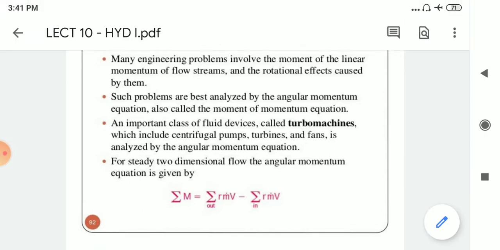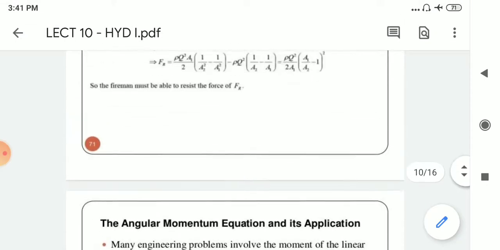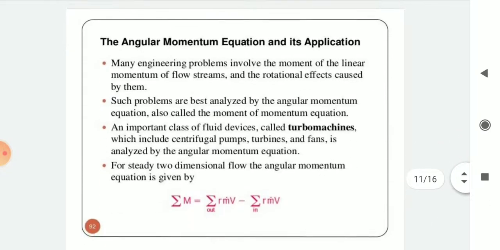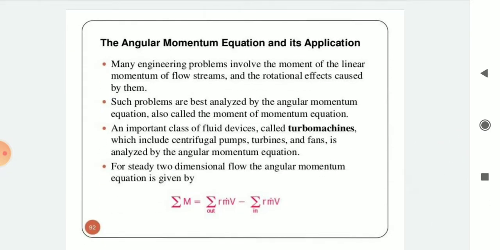The angular momentum equation and its application. Many engineering problems involve the moment of the linear momentum of flow streams and the rotational effects caused by them. Such problems are best analyzed by the angular momentum equation, also called the moment of momentum equation.